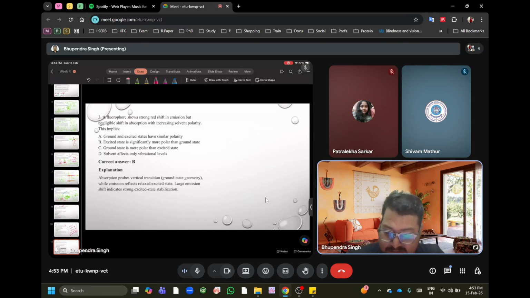The next question is: a fluorophore shows strong red shift in emission but negligible shift in absorption with increased solvent polarity. This implies, this is simple, you need to tell me with explanation.